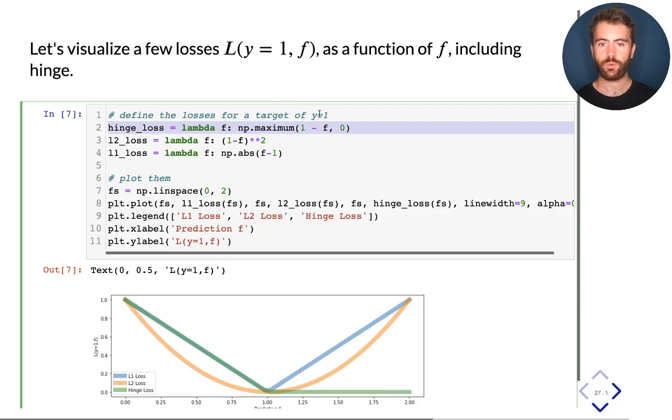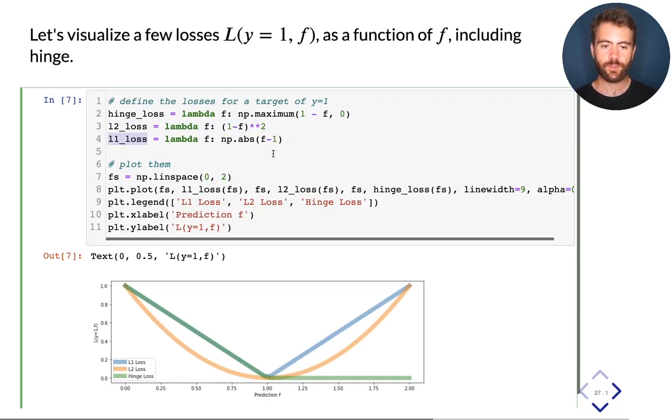So when y equals 1, this is the form for hinge loss, and it's a function of the prediction f that we're making. Then our L2 loss when y equals 1 is simply (1 minus f) squared, and the L1 loss is the absolute value of f minus 1. Now I can visualize all of these losses when the prediction f takes a value between 0 and 2.